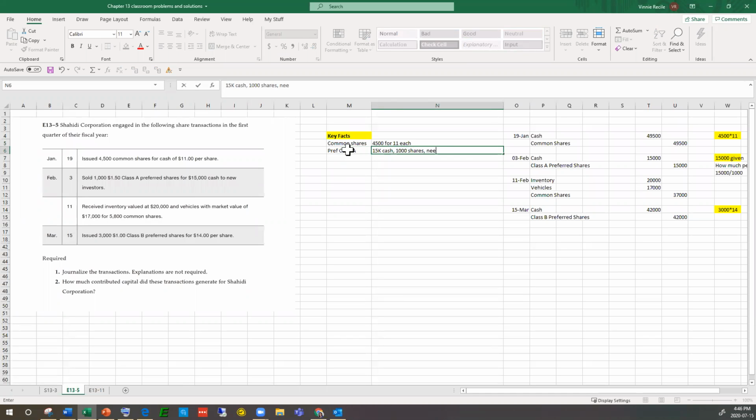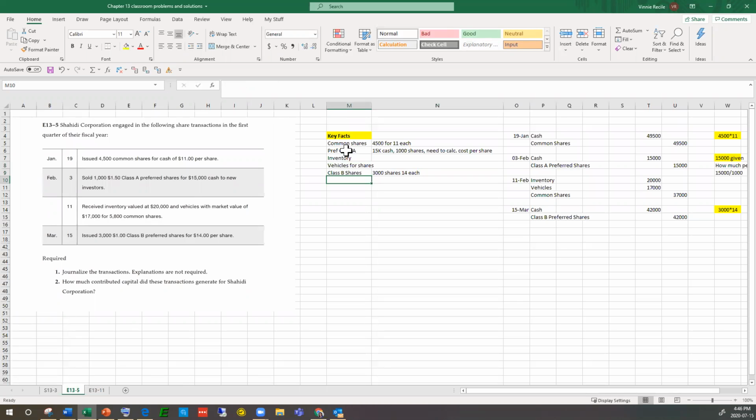They have not given the cost per share, so you need to calculate it, though you may not if the problem gives it to you. We'll just look at what information is missing. You've got inventory, vehicles, for shares, and Class B shares. The Class B are 3,000 shares for $14 each.